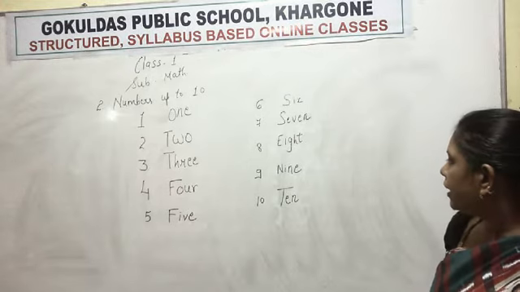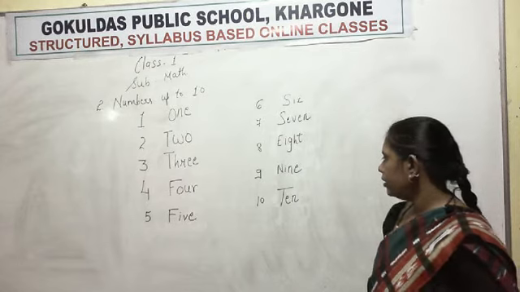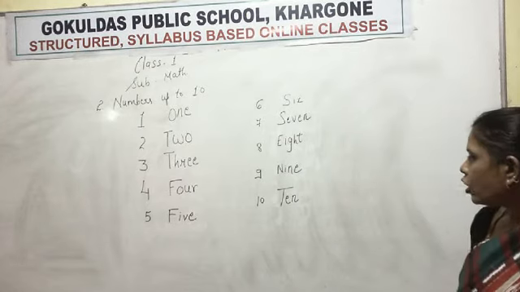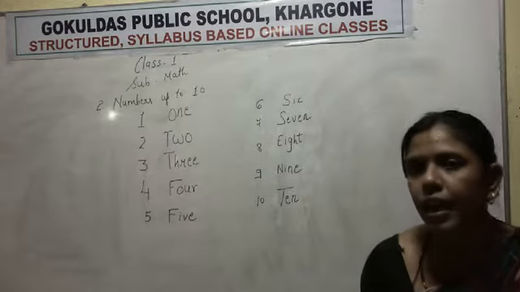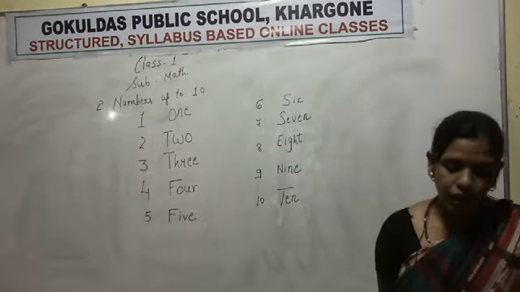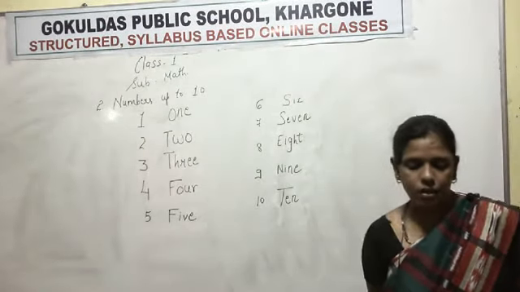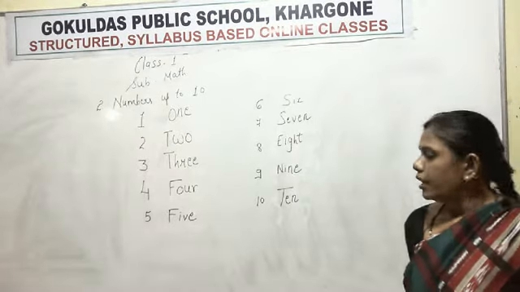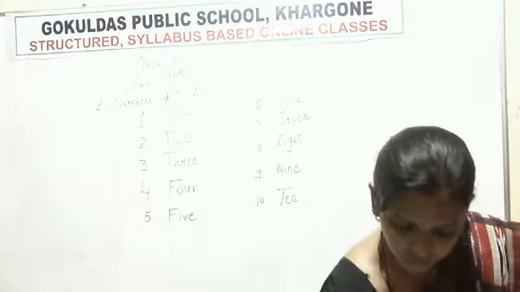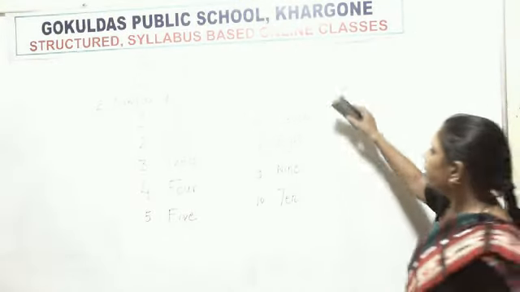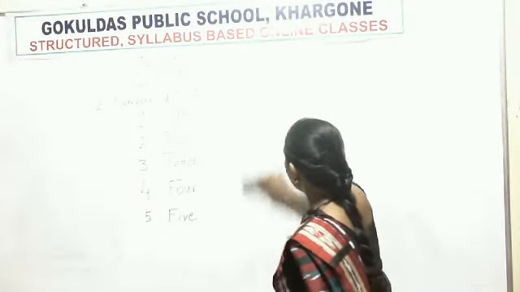Now write the last number 10. Write the spelling of 10. T-E-N, 10. Okay. Have you all written? Very good. Now the next topic is the concept of zero.